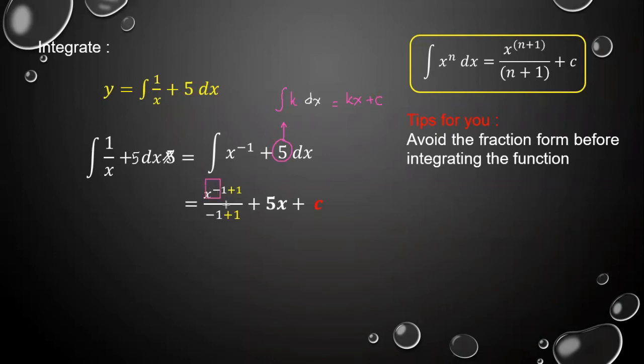But we have a new form of the integral. So we have to remember this one. x to the power minus 1 plus 1 over minus 1 plus 1 is ln absolute value of x. Once again, ln absolute value of x plus 5x plus c.